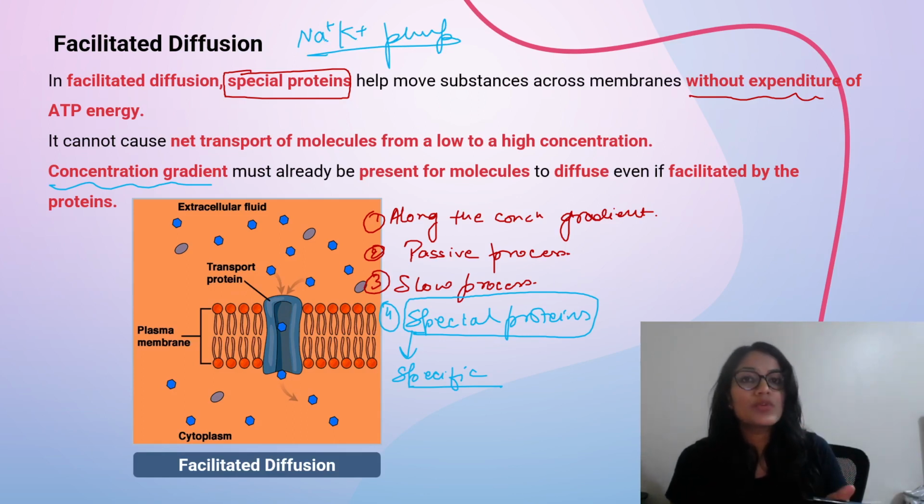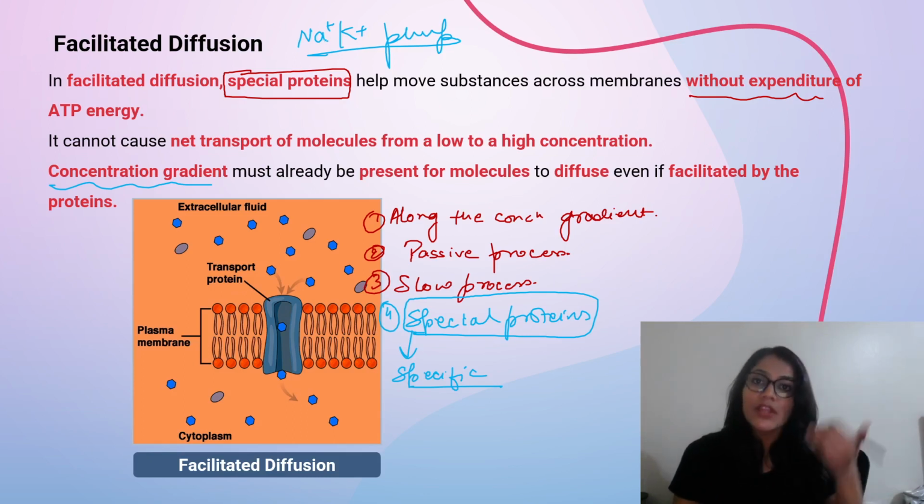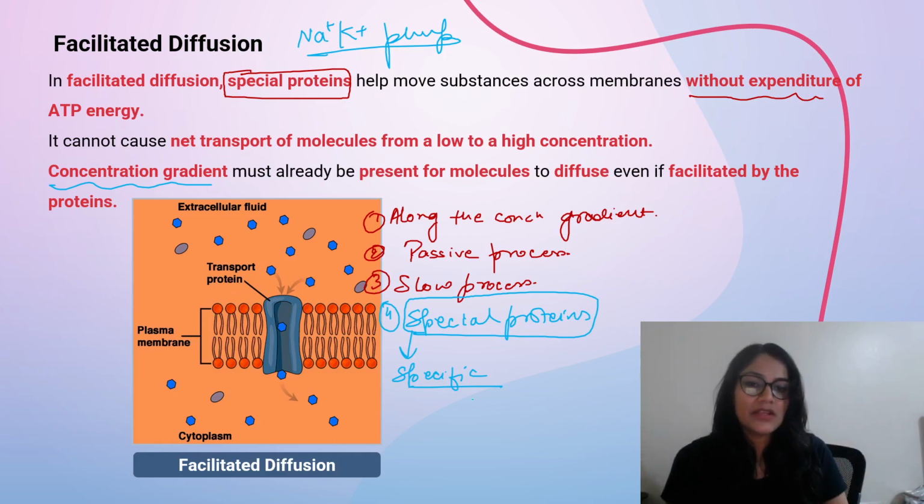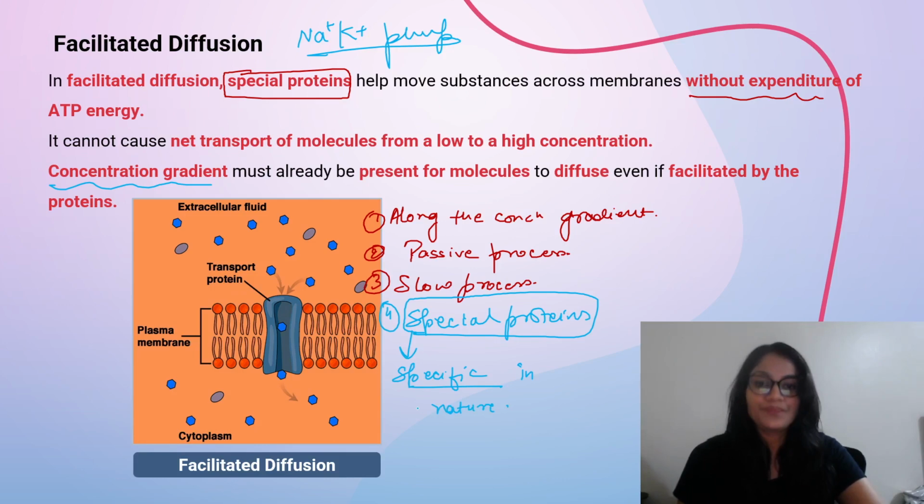So the special proteins are specific in nature. They are going to transport a specific molecule across the membrane. For example, like sodium potassium. They are going to carry only sodium and potassium, right? So they are specific in nature. Okay? So these are the 4 points that you have to remember from your facilitated diffusion.